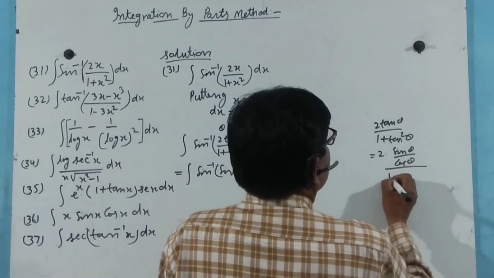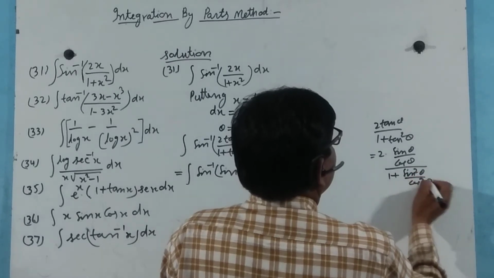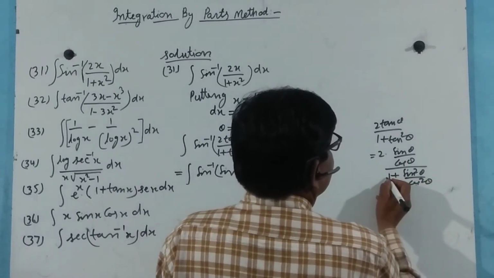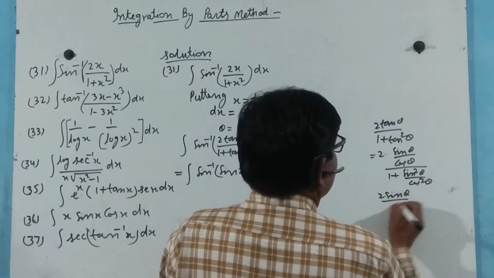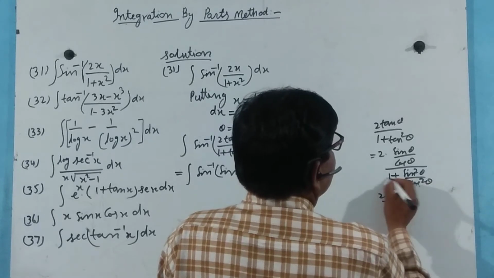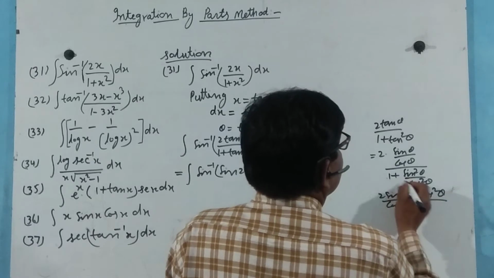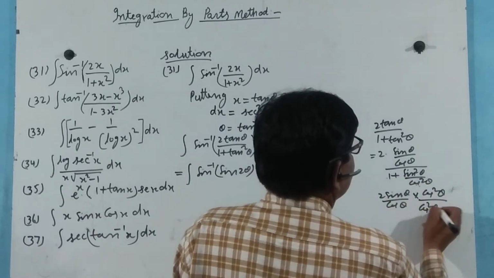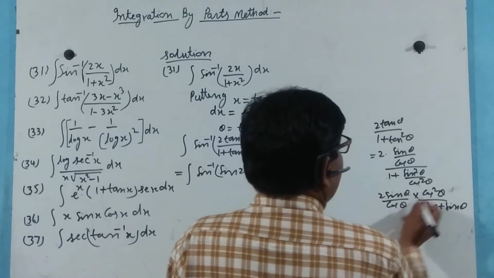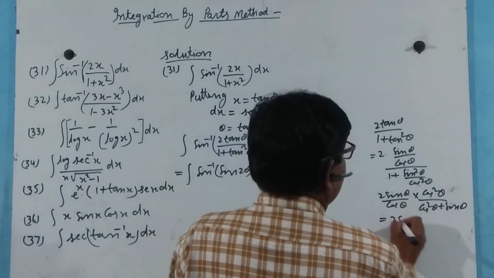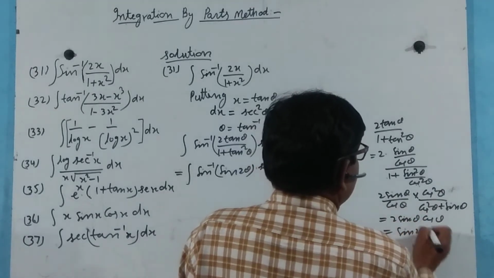Here 1 plus tan square theta equal to sin square theta by cos square theta, but cos square theta plus sin square theta is equal to 1, and one cos is removed here. We get 2 sin theta into cos theta, which is equal to sin 2 theta.